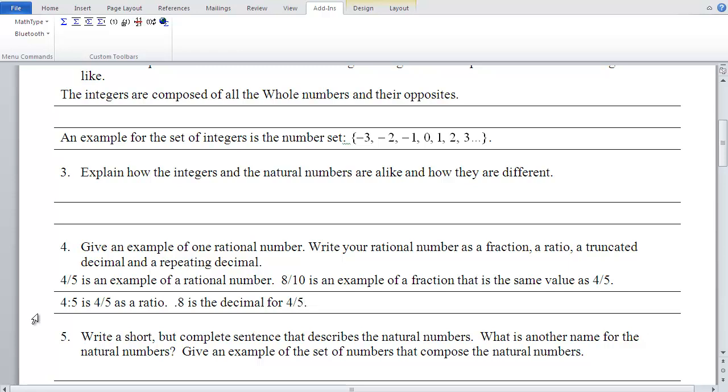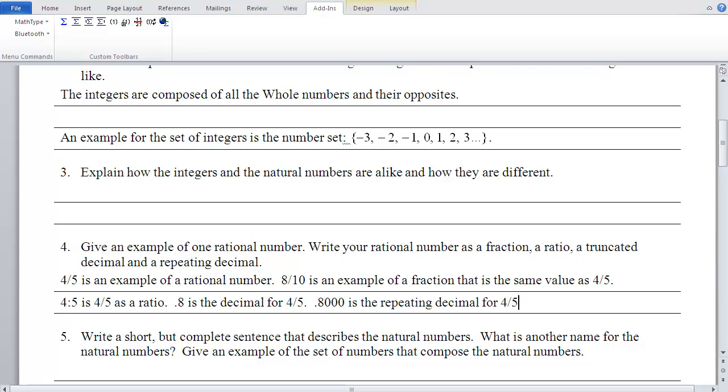And then it says we need to write it as a repeating decimal. Well, 8 is truncated, but the repeating we don't use because the repeating part is 0. So 0.8 and then the repeating zeros is 0.80000 is the repeating decimal for 4/5.